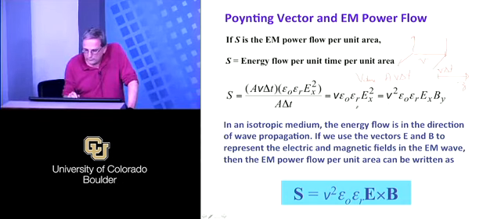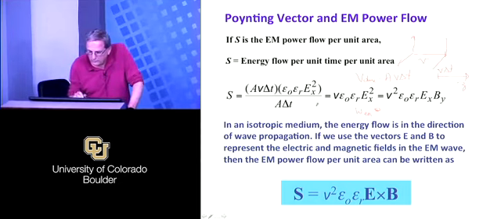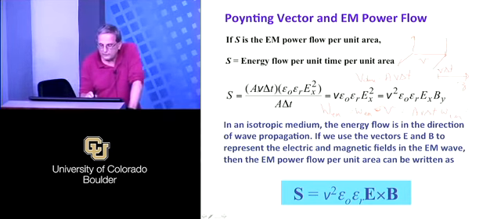So if we say the energy density is little w_EM, then the total energy, capital W_EM, is going to be A v delta t times little w_EM.